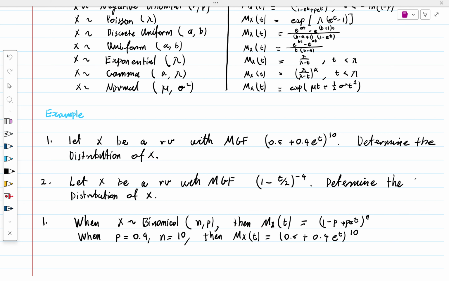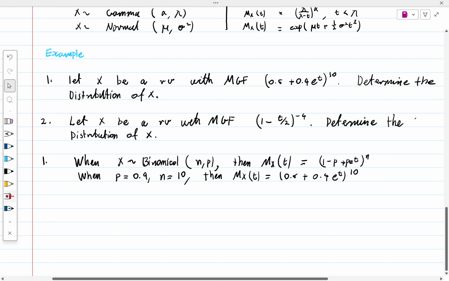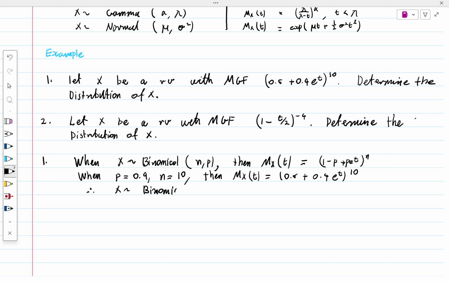And hey, what do you know? That's exactly the moment generating function that I had. So therefore, X has a binomial distribution with, say, parameters 10 and 0.4.